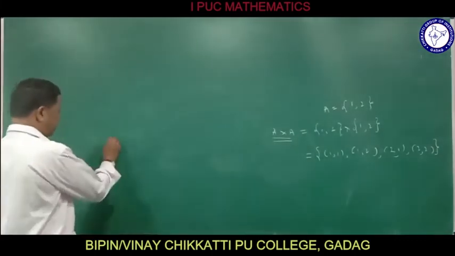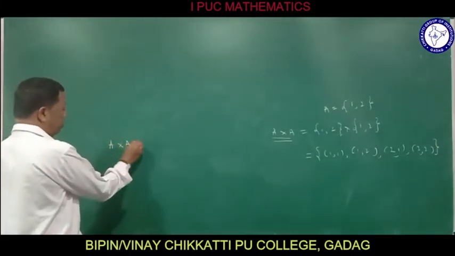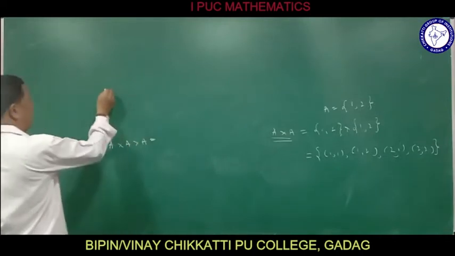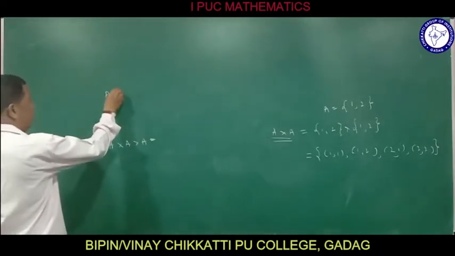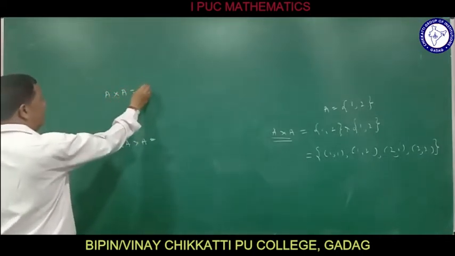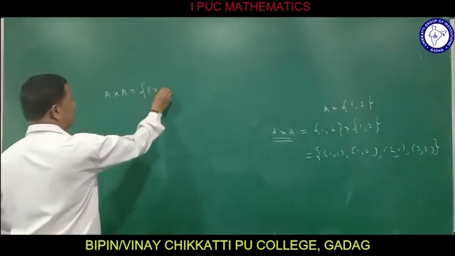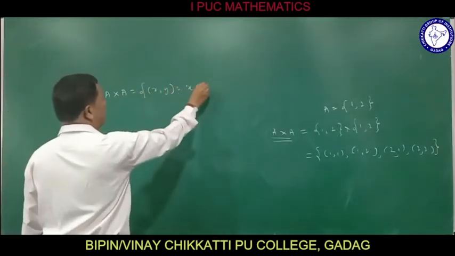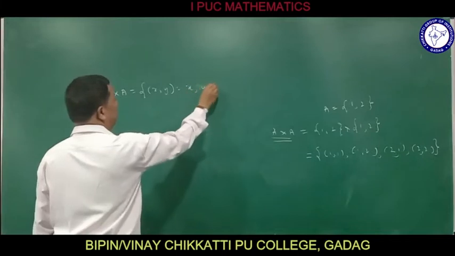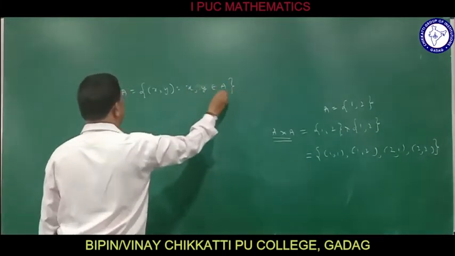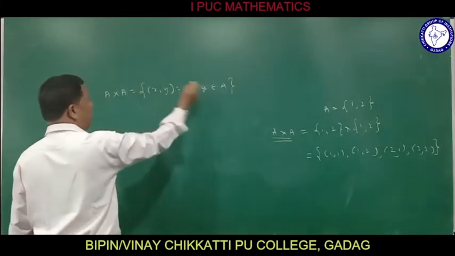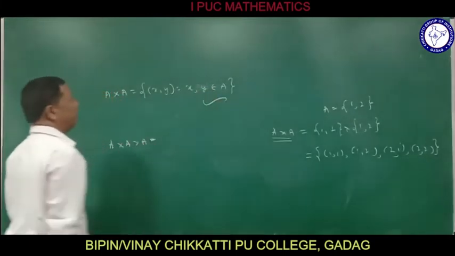In case there are three sets, if I say A into A into A, already I told you A into A: the set of (x, y) such that x belongs to A, and y also belongs to A. So this is the definition.